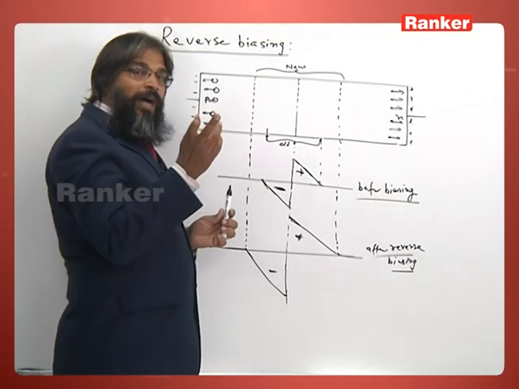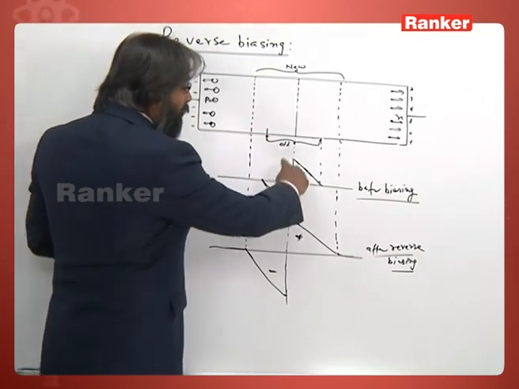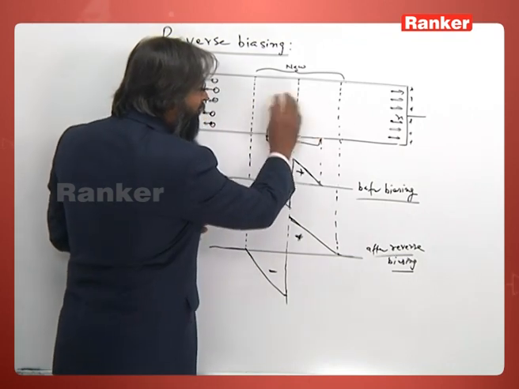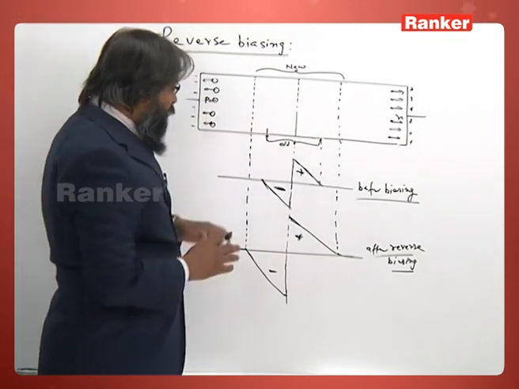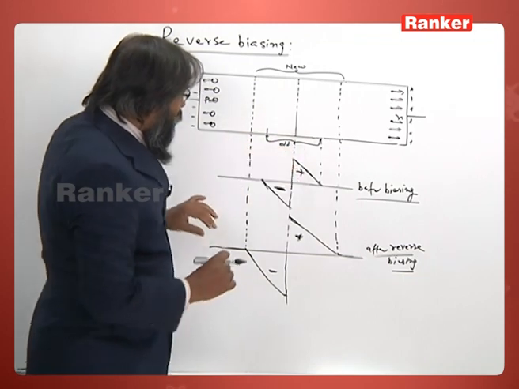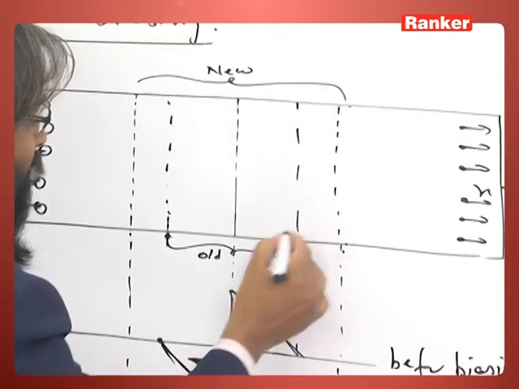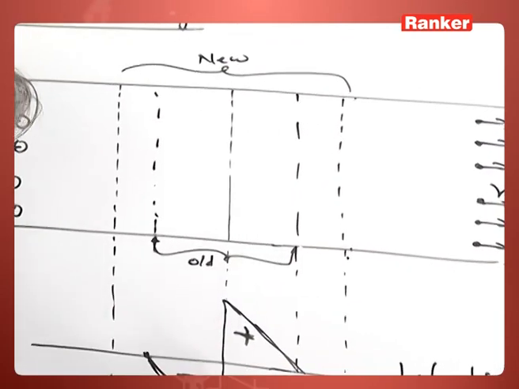So, you recall our previous session where I used this graph to tell how the space charge distribution takes place. Just imagine, with the help of this graph, suppose I consider this initial distribution. You see this is minus more.